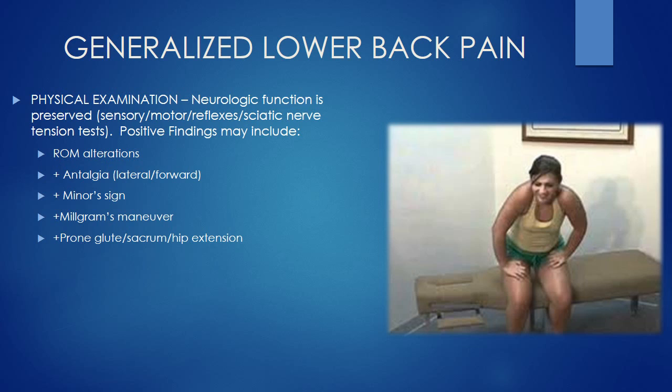So check your motor examination very carefully, and you'll find that any weakness that does manifest would typically be due to pain with resisted hip flexion, or possibly even pain with resisted knee extension, but that pain and weakness is due to reflex inhibition from lumbar spine pain and is not due to dysfunction of lumbar spine nerve roots. So the point is that the neurologic exam is generally normal.